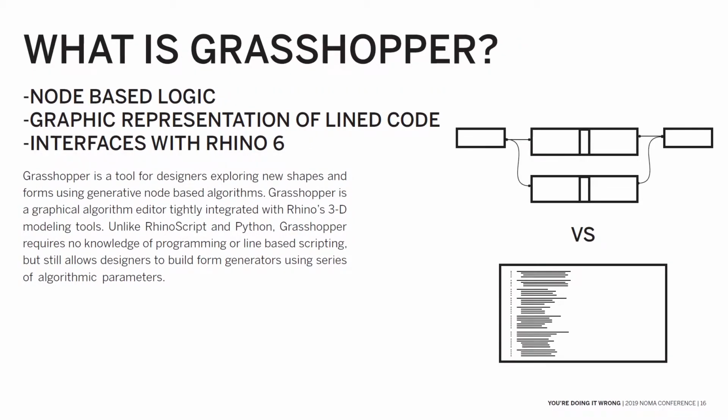The type of parametric design or visual programming that Grasshopper uses is called node-based logic. And that means that instead of learning lines of code, which is what almost 90% of coding is, lines of code that has a very high learning curve, node-based coding allows designers to skip that learning curve and get to the power of coding without actually learning how to code.